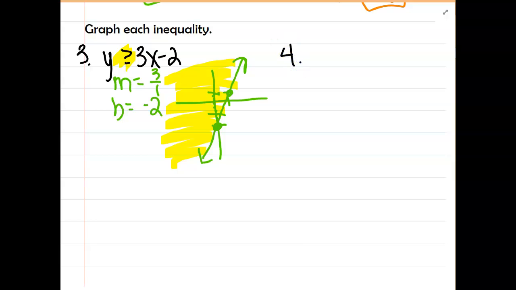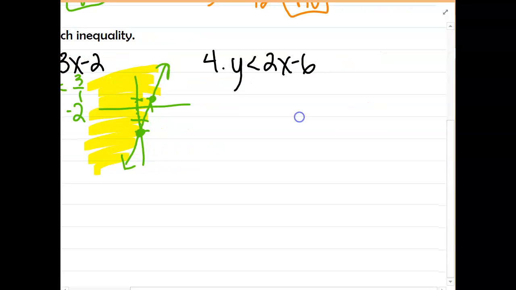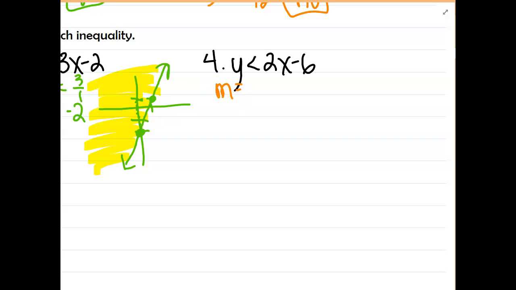Okay, let's try another one. Let's do y is less than 2x minus 6. Okay, first thing, number one thing, it absolutely has to be in y equals. Good for me, right? So what's the slope of this line? 2/1.